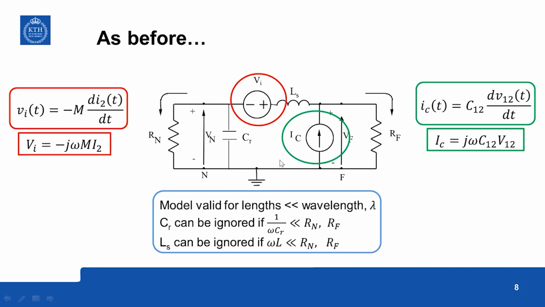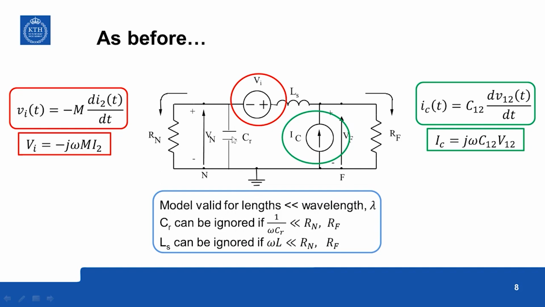So the strategy is again to model the magnetic field interaction by a voltage source, but without involving the mutual inductance, and to model the electric field interaction by a current source, but without involving the coupling capacitors.